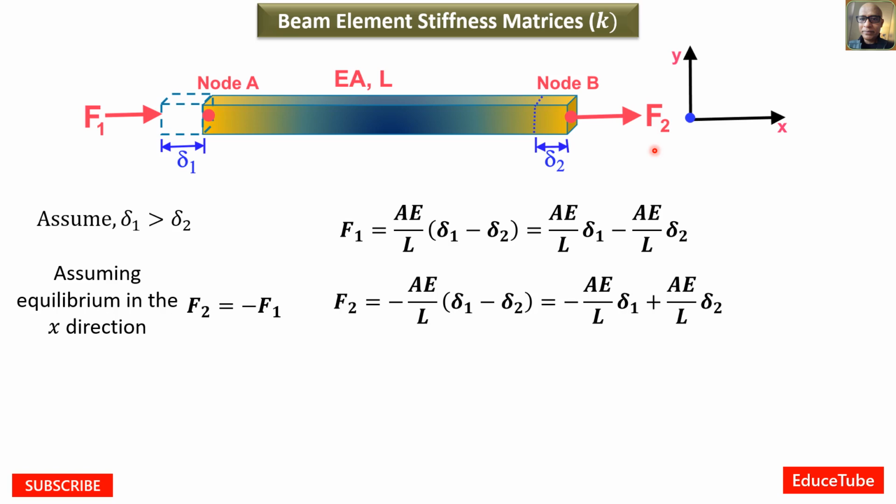We can write it like this, and here the K is 2 degrees of freedom, because for this equation the term AE over L, this term and this term, are the elements of the stiffness matrix.